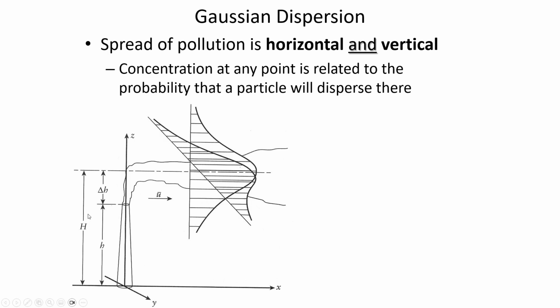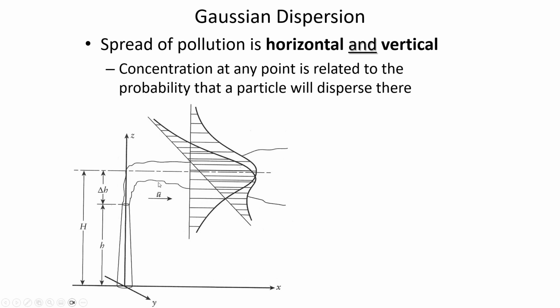The effective stack height takes into account the physical height of the stack and also how high the hot gases are going to rise. Eventually, when they stop rising, then it's just horizontal movement and vertical movement due to dispersion. So here you can get a sense for what we're talking about with this bell curve vertical and bell curve horizontal.